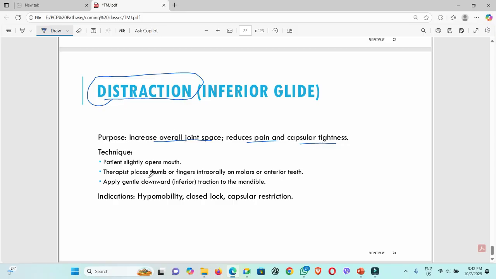Patient slightly opens mouth. Therapist places thumb or fingers intraorally on molar or anterior teeth. Apply gentle downward and inferior traction to the mandible. Indication: hypomobility, closed lock, capsular restrictions. These concepts are enough, guys.